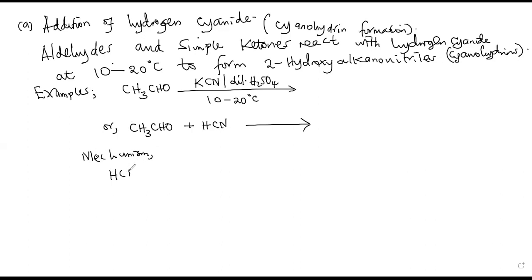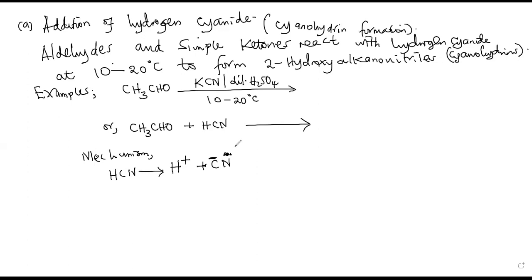So just have hydrogen cyanide dissociating to give a hydrogen ion and a cyanide ion. The minus is on C, the cyanide ion.